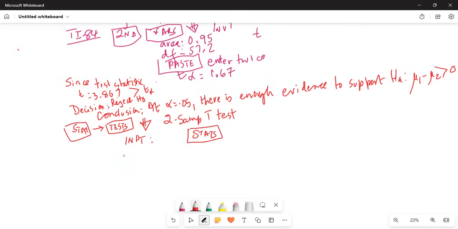Okay. My x1 bar is equal to 112. Type in 112 for x1 bar. My sx1 is 10. Okay, so type in 10. My n1 is 35.